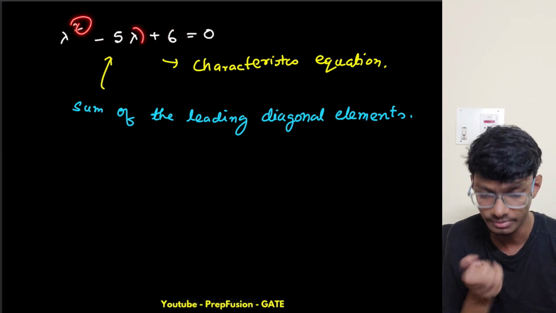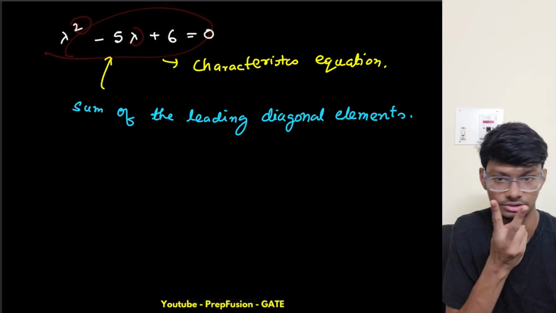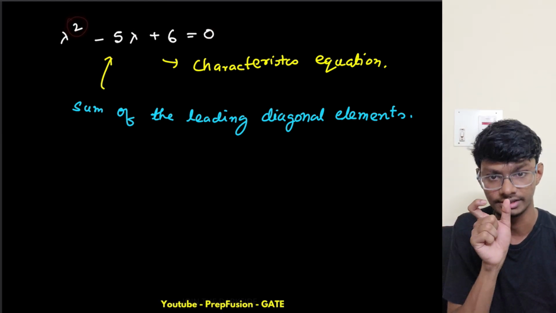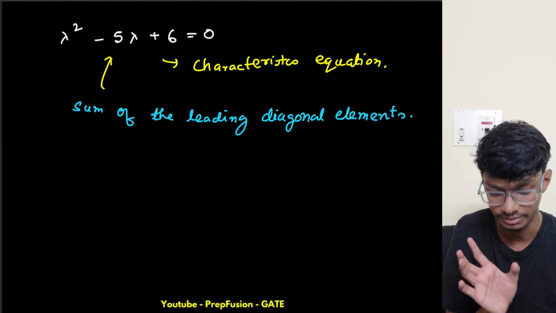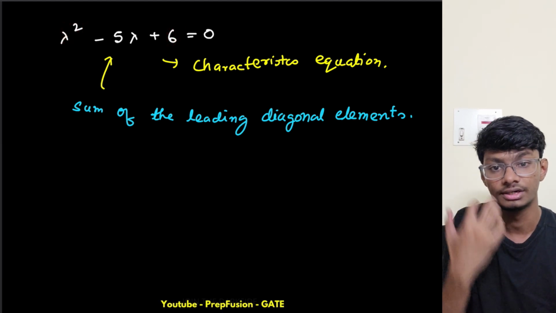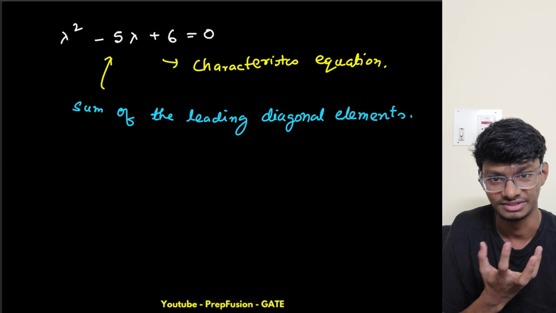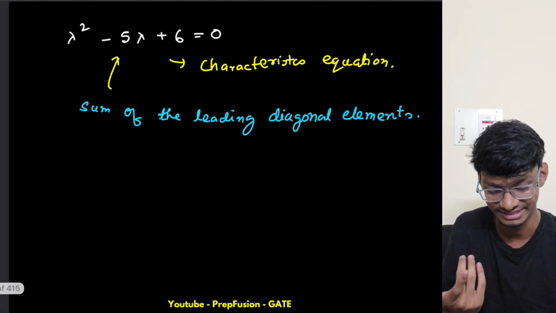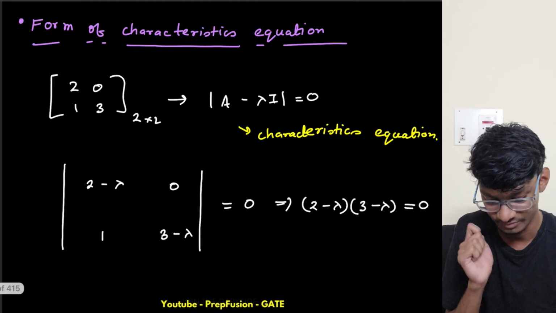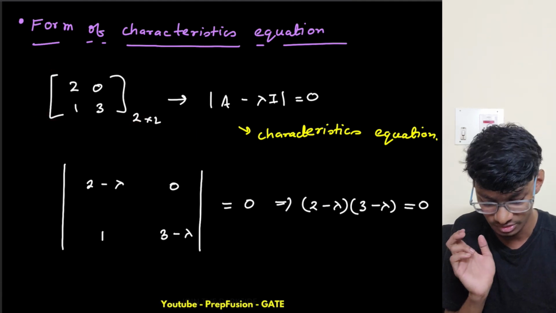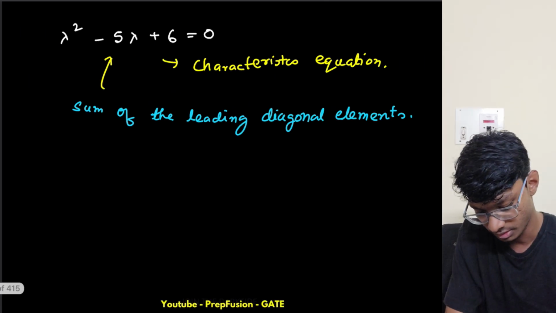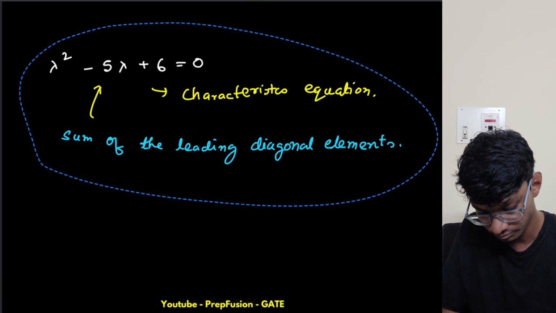Lambda square and lambda, I know this will be a second order equation because this is a 2 cross 2 matrix. So according to the order of the matrix, the highest order polynomial I will get is 2. But what does this value represent? It is basically the determinant of the matrix. So what is the determinant of this matrix? It is 2 times 3 minus 0, which is 6 only. So let me take this to the bottom.